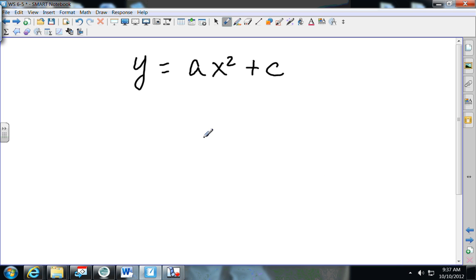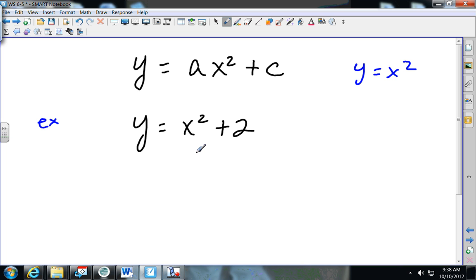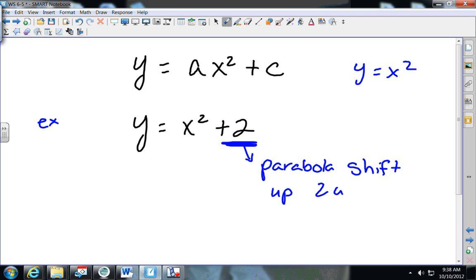What if I had the equation y equals x squared plus 2? Comparing it to the quadratic parent function, how did this equation change? This number right here made the parabola shift up 2 units.